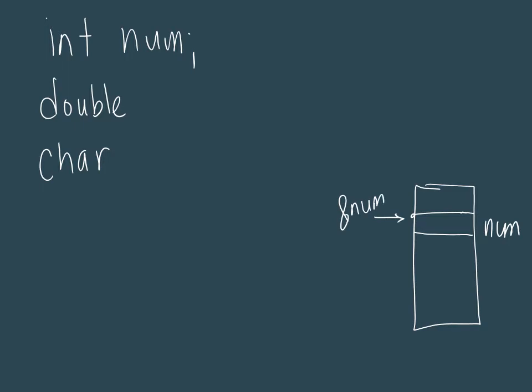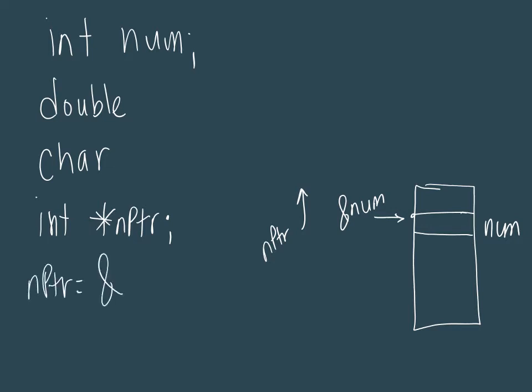Now if we declare an integer pointer, and this is the same for double or character, we would do int *nptr, and as we've already learned, nptr would point nowhere unless we said nptr equals address of num.